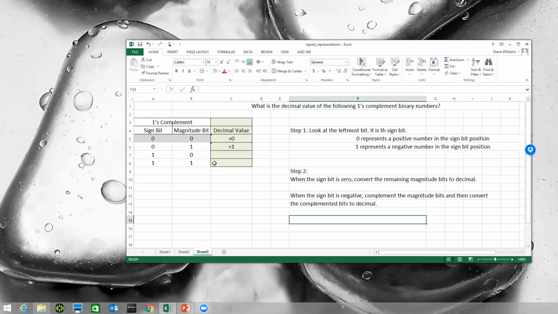So what happens then when the sign is negative? We take this bit, 0, so the decimal value of 1, 0 is minus 1.